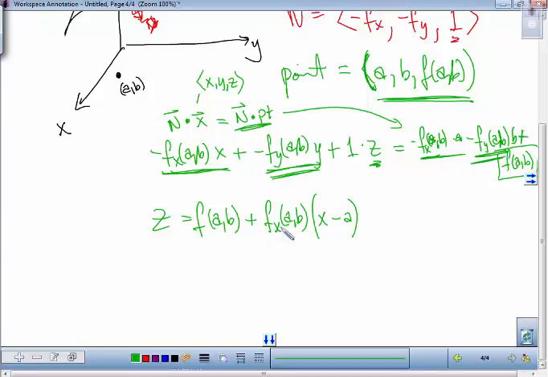And I'll do the same with fy. And what is that A that's here? Yeah, so this is like ab, f of ab, so f of ab is the point. It's the z component.